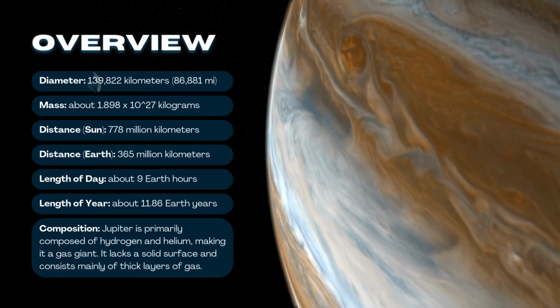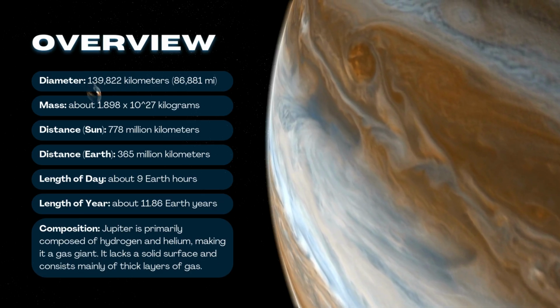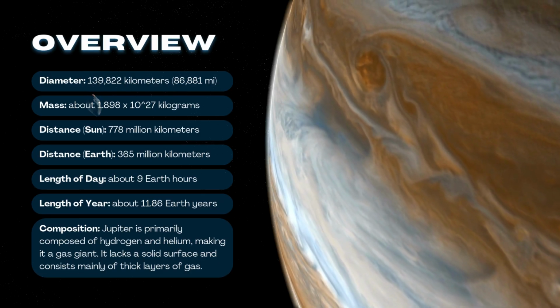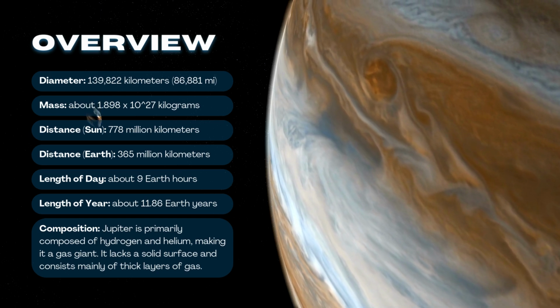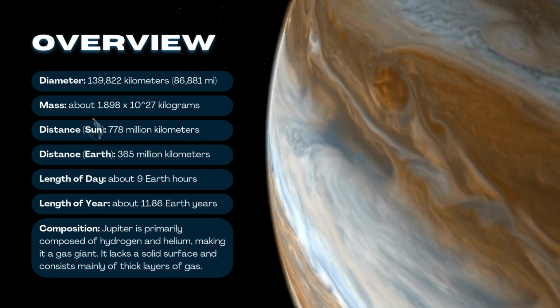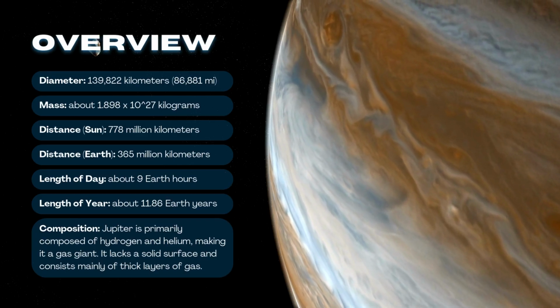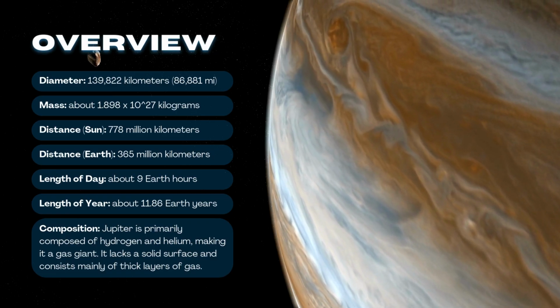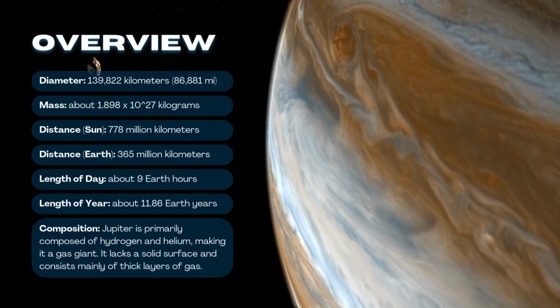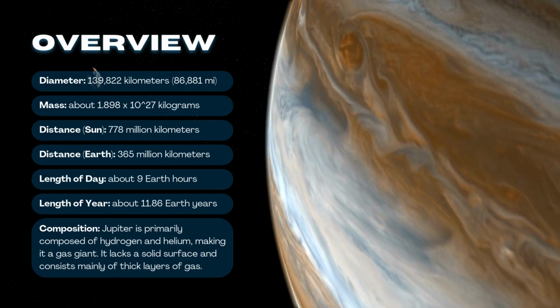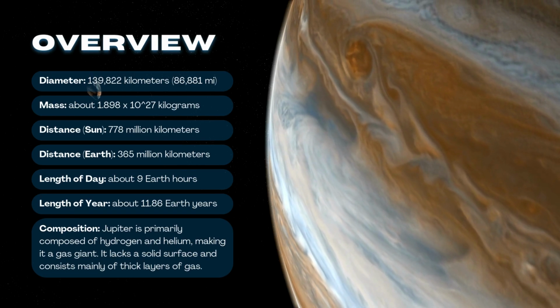Mass, about 1.898 × 10^27 kilograms. Distance, Sun, 778 million kilometers. Distance, Earth, 365 million kilometers. Length of day, about 9 Earth hours. Length of year, about 11.86 Earth years.